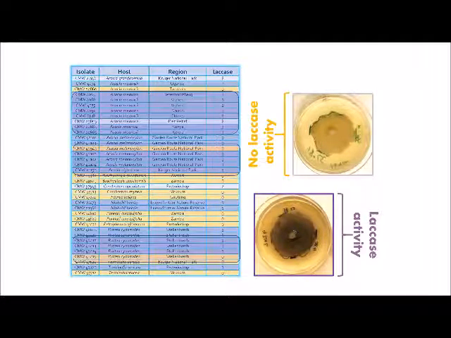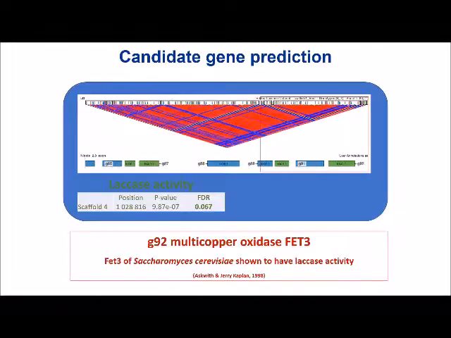Going forward, we now want to confirm the identified regions that are responsible for Laccase production in part 2 of the methodology. Using the GWAS approach, we identified a candidate gene that may be involved in Laccase production. This gene encodes for multi-copper oxidases that have been shown in yeast to have Laccase activity.